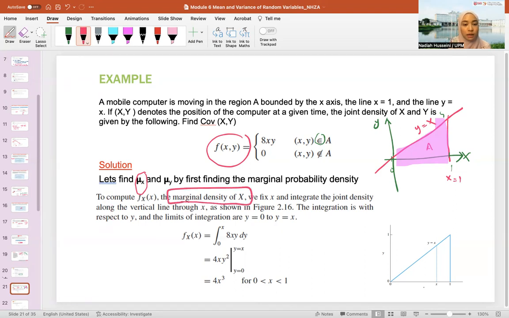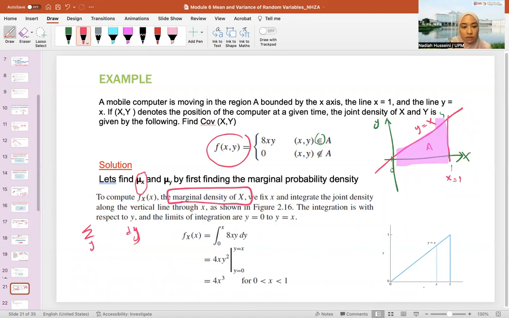So we have to sum over all the values of y. If we were talking about the continuous random variable, we have to integrate with respect to dy.